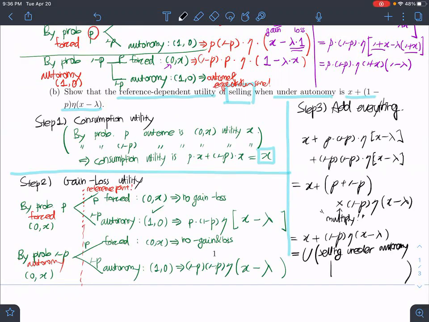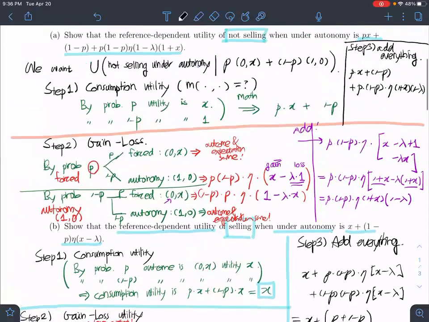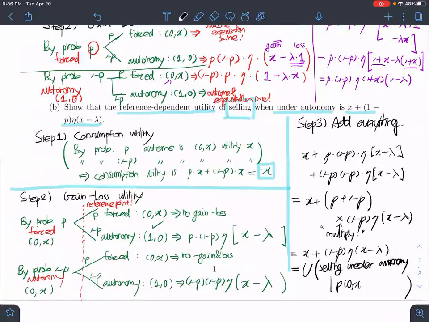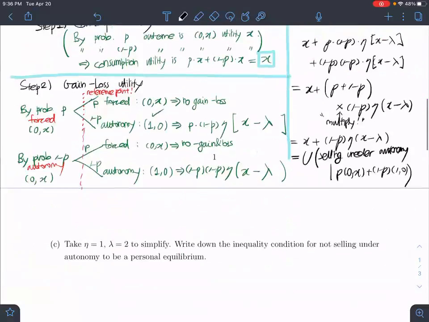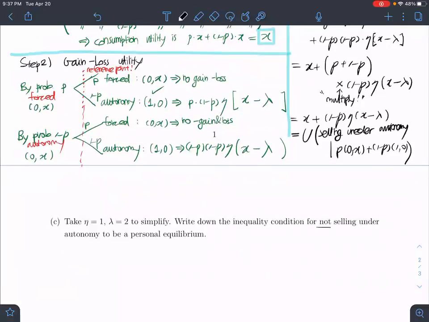This bar is separating out my action and my reference point. And then my reference point was P 0x plus (1 minus P) 1 0. Okay, so we are comparing two things here.